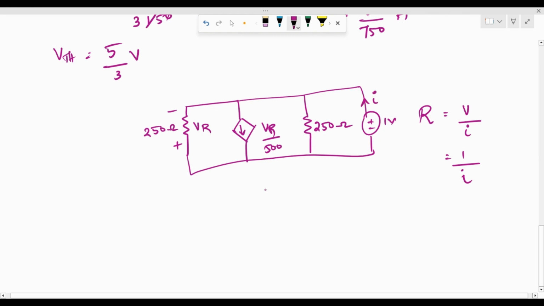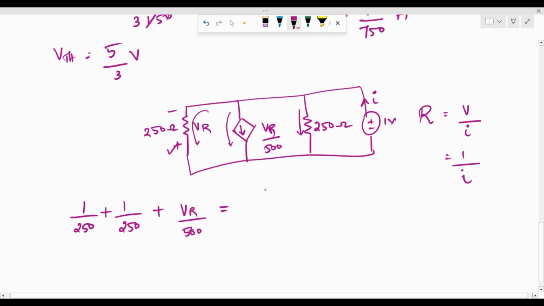How do we compute this? So we can just apply KCL at this node. So say this is one current, this is the second current, and this is the third current, right? If we see all the three branches are parallel to each other, so the voltage across both these 250 ohm resistors is 1 volt. So therefore the current is going to be 1 by 250 through this particular branch, again 1 by 250 through this particular branch, and VR by 500.